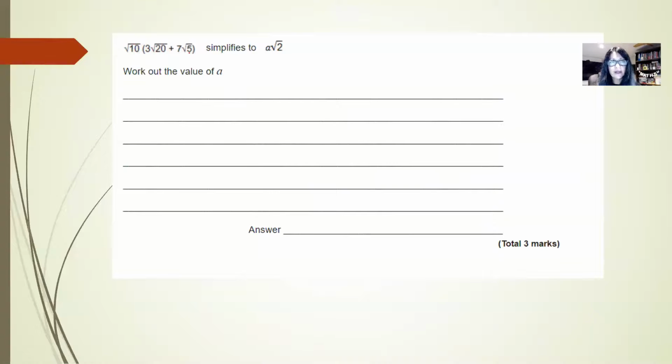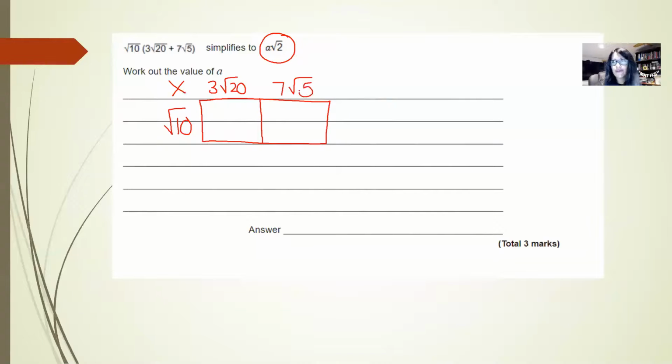Right, so now we've got root 10 in front of the bracket, and then we've got an expression inside, and we're told it simplifies to something root 2. And we've got to work out the value of A. So again, I'm probably going to do the grid method, but you don't have to. So I'm going to put my root 10 in front of the bracket there. And at the top, I've got 3 root 20, and I've got 7 root 5.